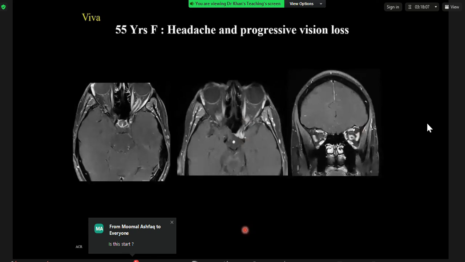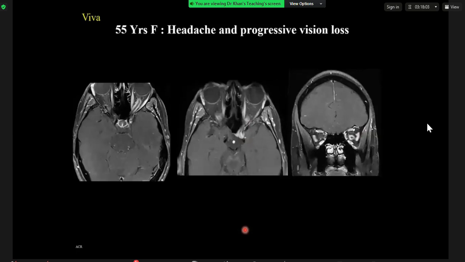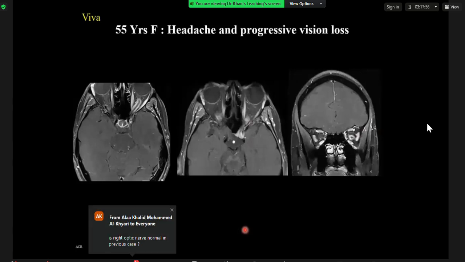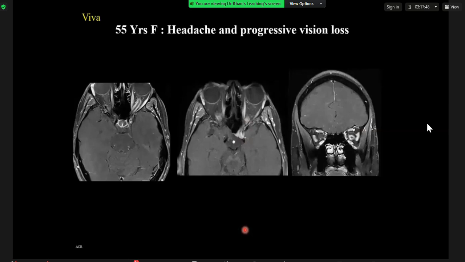And this is going into the superior orbital fissure as well, and I can see it up to the suprasellar region, and no other abnormality is seen. So I'm thinking that because it's a tram track appearance, this is what we see in meningioma.